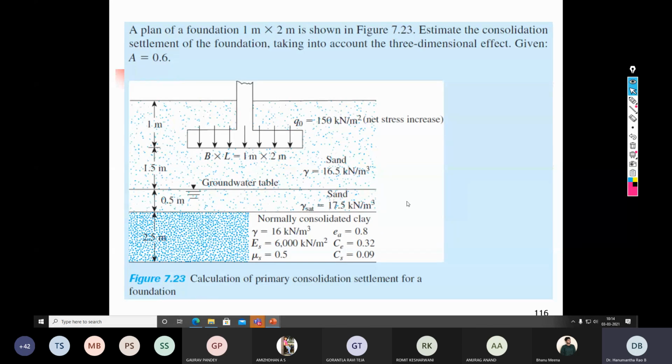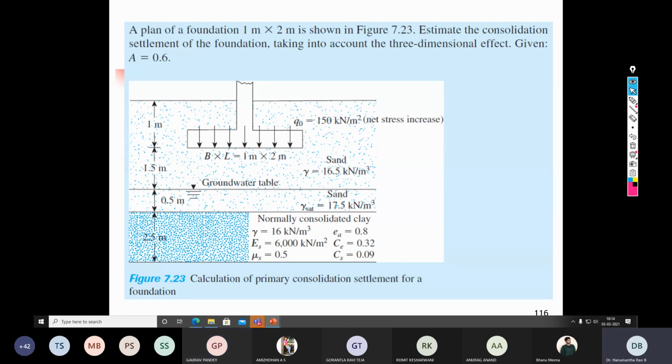Can anybody tell me the equation for settlement calculation for normally consolidated soil? That is Cc Sc divided by 1 plus e naught log of e final upon e initial, or sigma final upon sigma initial.